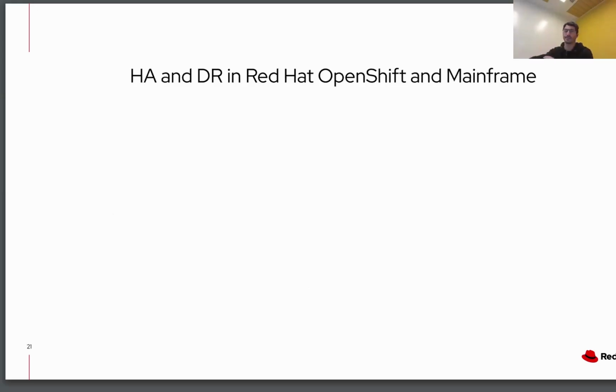And going back to the business continuity point, there is an important aspect that it's very important to focus on, which is how HA and DR work. OpenShift only handles pod failures, not node failures. And this is not an OpenShift problem, it is how Kubernetes is designed.